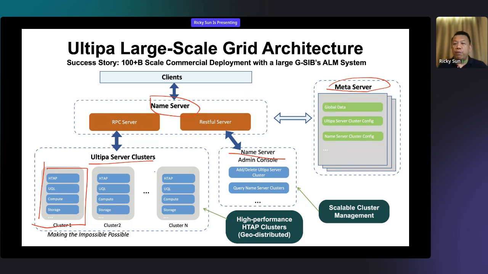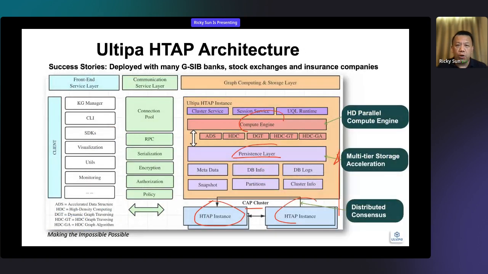Okay, so let me just continue from where I left off, right? Now this is the large scale grid architecture we talk about. Let me go back one more slide, back to the HTAP architecture. Like I said, we have the CAP cluster, which essentially is distributed consensus forming between multiple instances, for instance three instances, and there is multi-tier storage acceleration and high density parallel graph computing.